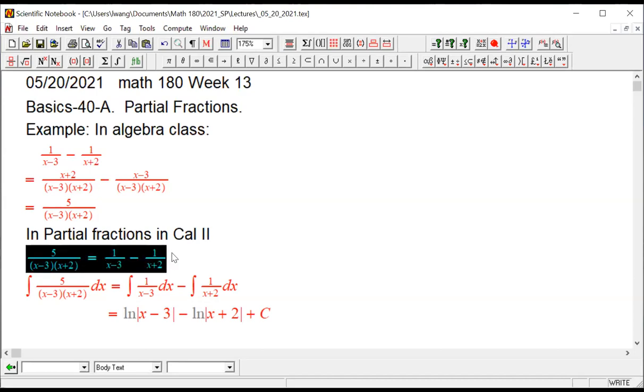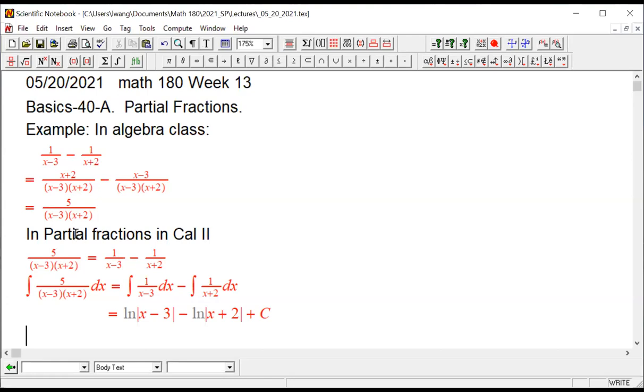So basic 40A, I have 40A, 40B, 40C, 40D, 40E, and these are different types of situations. We don't have time to go over them, but once you get into calculus class, a simple technique will teach you how to do this. We're not going to do that in this class, but I give you this idea.